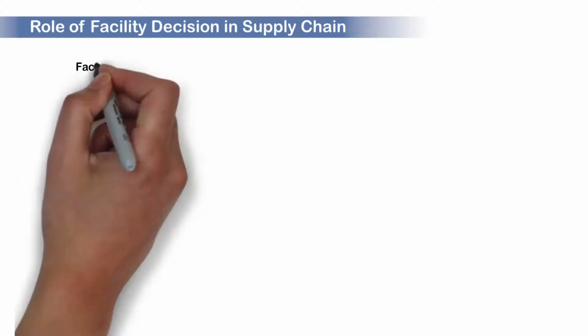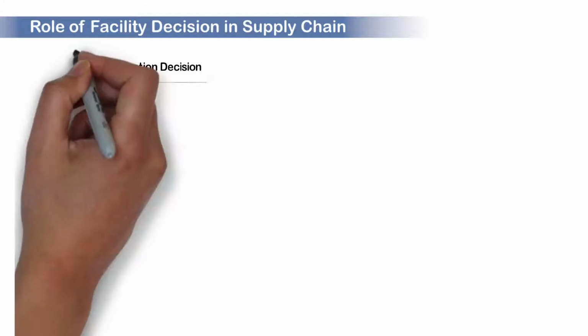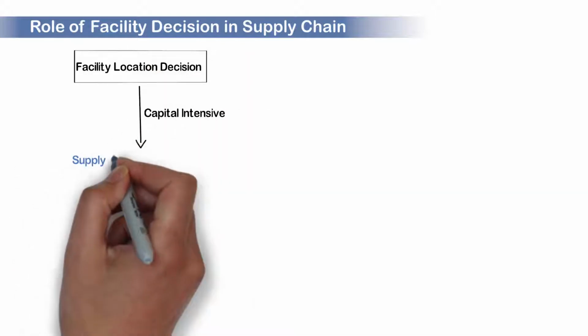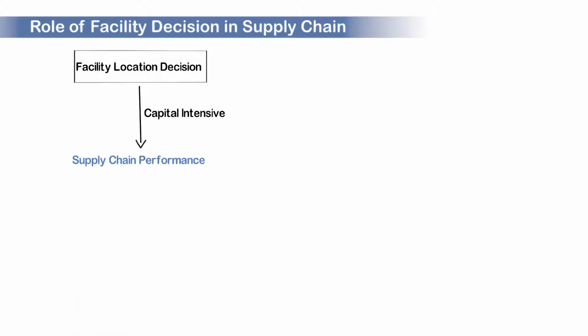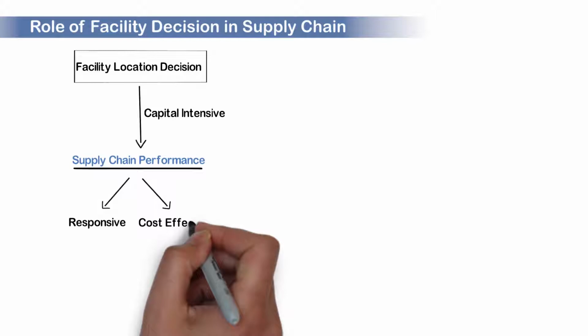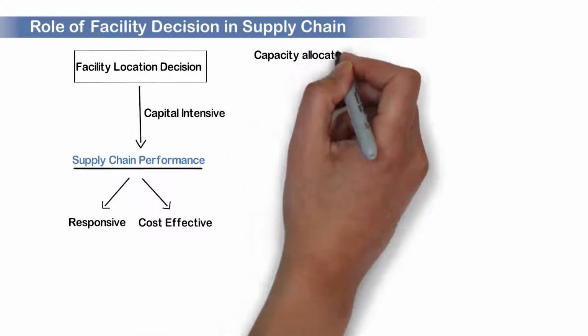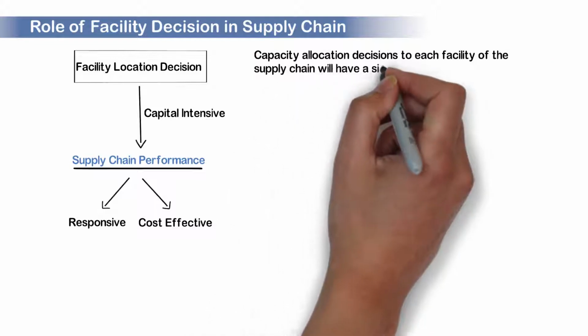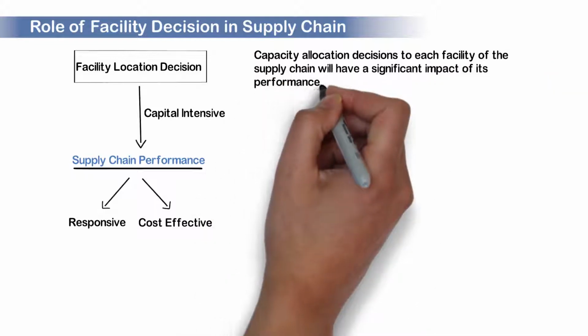A facility location decision is capital intensive, which will impact the supply chain performance. A good facility decision will always help the supply chain to be responsive as well as cost effective. Capacity allocation decisions to each facility of the supply chain will have a significant impact on its performance.